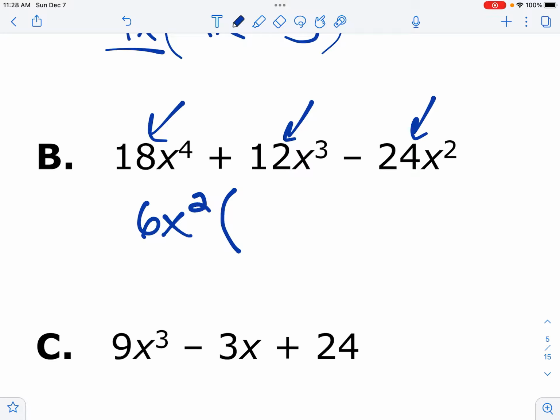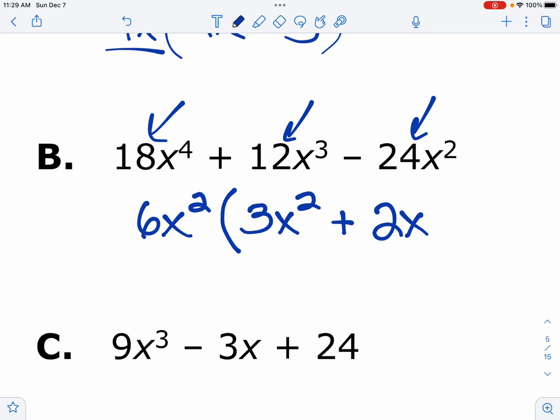So 6x squared times what gives me 18x to the 4th? That would be 3x squared. Again, if you go this times this, you should get this back. And then 6x squared times what gives me 12x to the 3rd? Well, 2x.